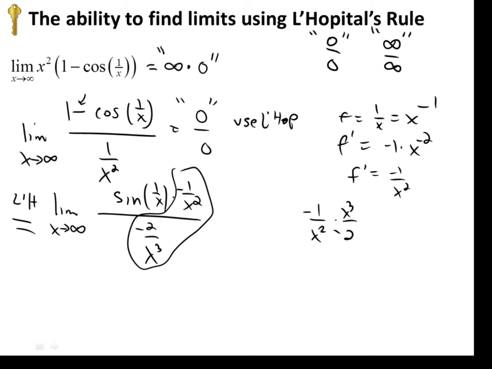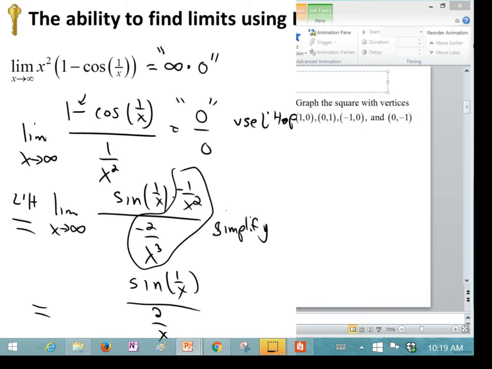But let's write it as 2 over x in the bottom, because we end up at that same place. If we use x over 2, we're at that same place of 0 times infinity. And so here we go. We've simplified. You have to simplify along the way. So we've simplified. Uh-oh. That's not good.